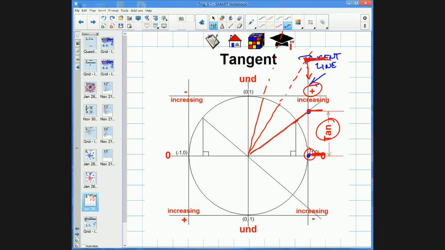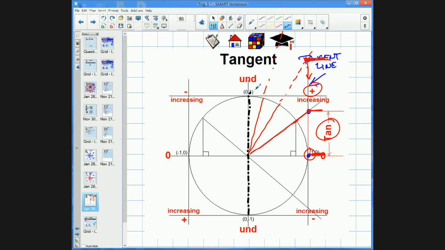And in class yesterday, we were doing tangent of 89, tangent of 89.9 degrees, tangent of 89.99. And the closer you get to 90, the tangent just takes off like a rocket. As soon as you hit 90, of course, this vertical line at the y-axis is never going to hit the tangent line.